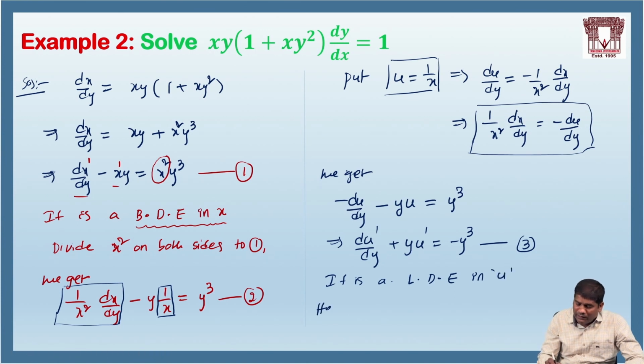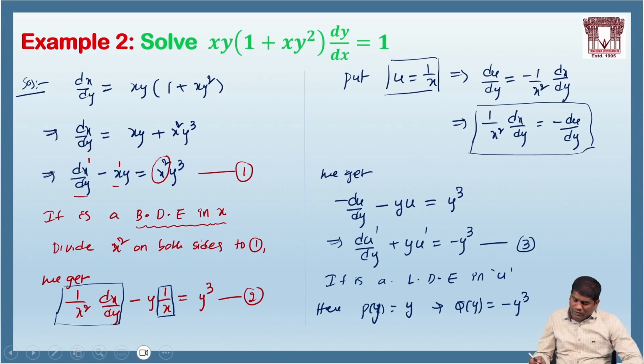So here p of y is y and q of y is minus y³. Now we have to find its integrating factor. It is a linear differential equation in u with respect to y, so we write p of y, that is y, and q of y, that is minus y³.